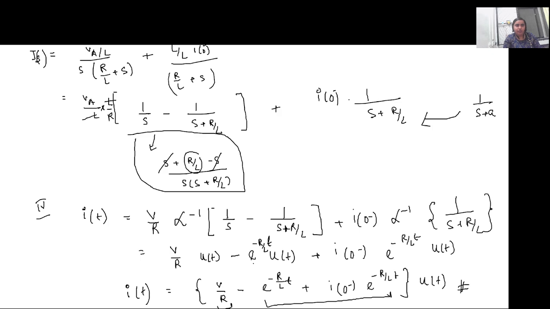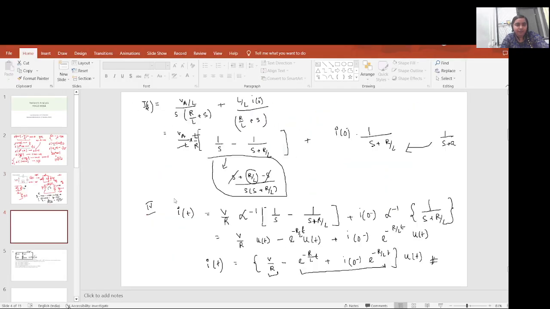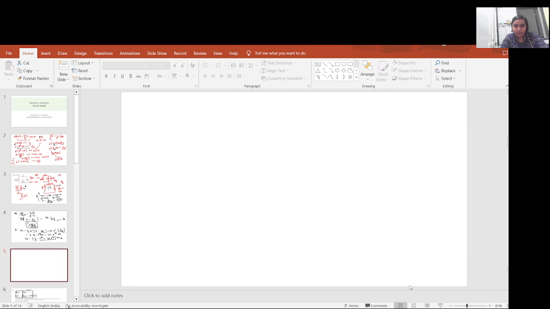Okay, I see. So whenever you have a circuit, you have an equation something like 1 by S into S plus A, something like this, okay? Now you do not know how to take the inverse Laplace transform of this particular equation.